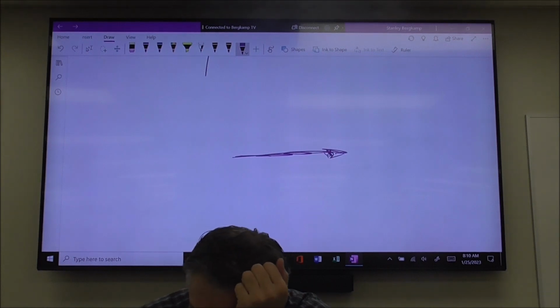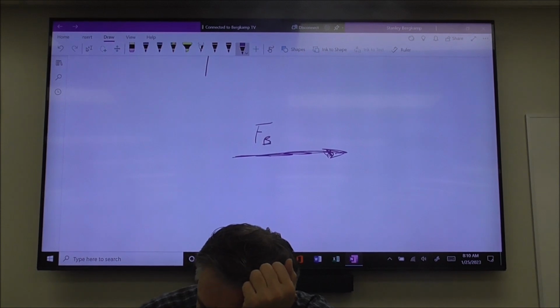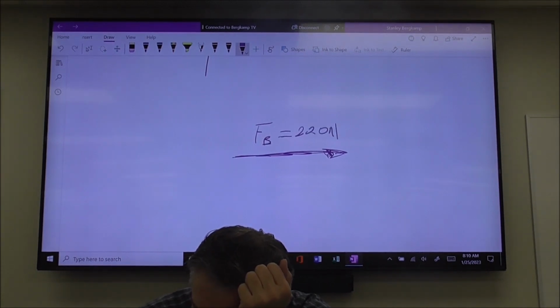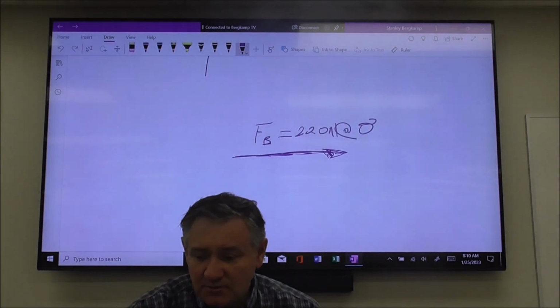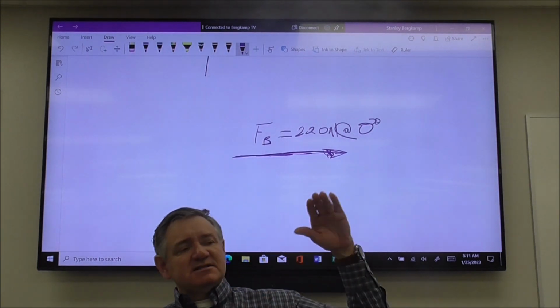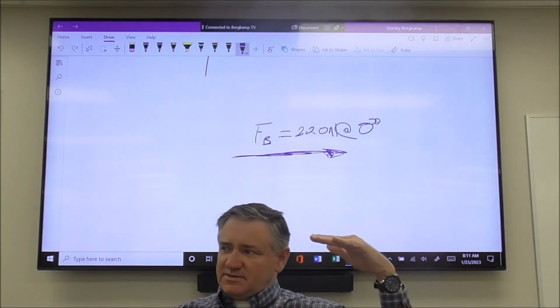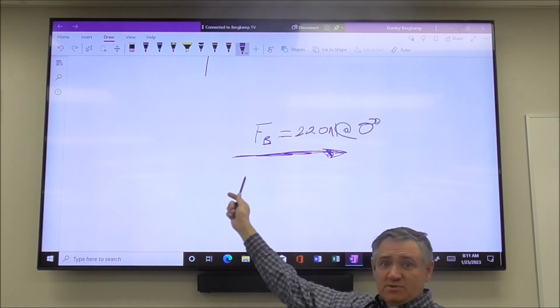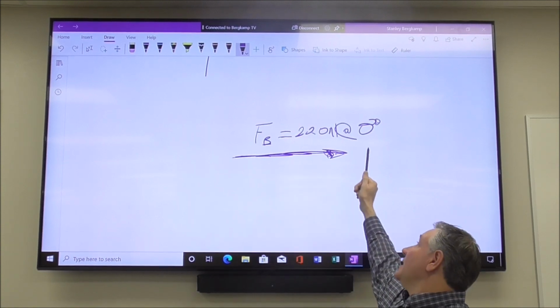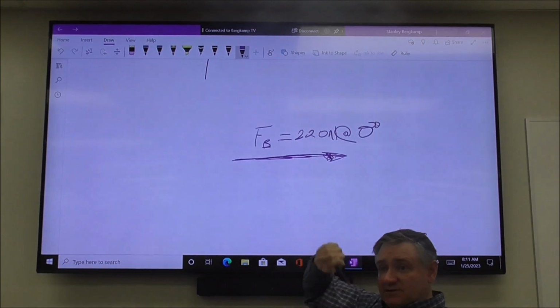Force Bailey is going to be pulling with 20 newtons at 0 degrees. So right away, I have satisfied the idea that this is a vector quantity. I've given the magnitude, which is 20 newtons, and I've given my angle at 0 degrees.